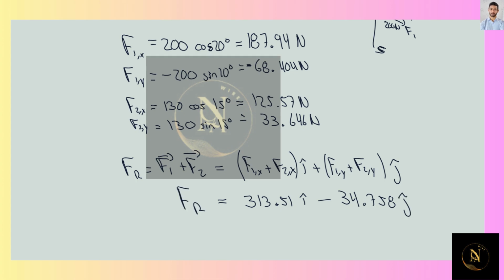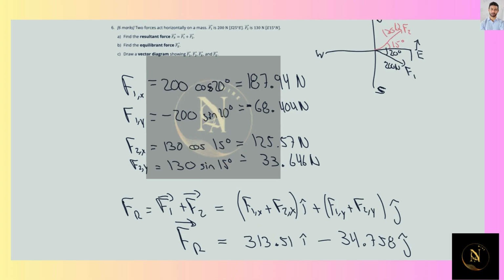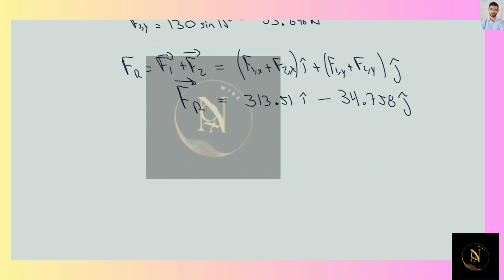And this is going to be our resulting force. The equilibrium force is going to be the one that is going to make things equal to 0. So the equilibrium force is going to have the same values, but with the sign change.